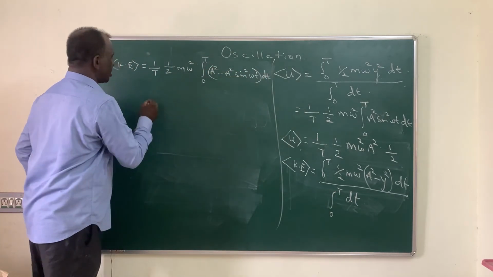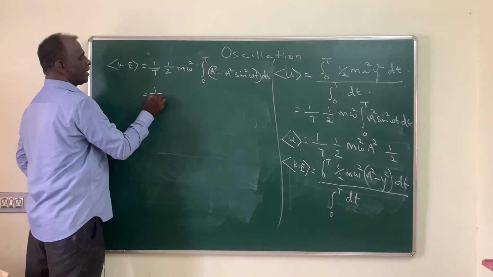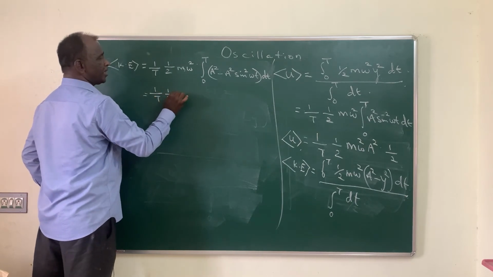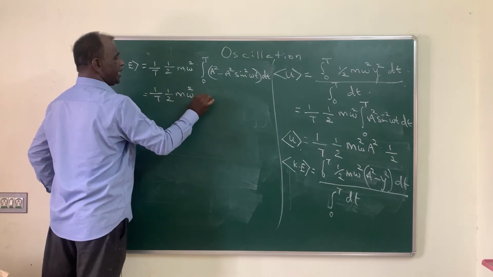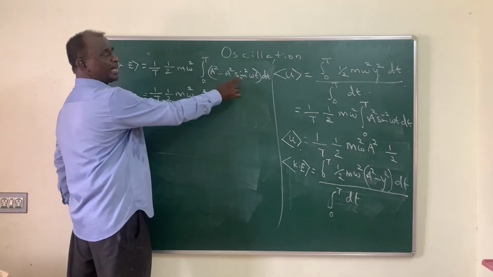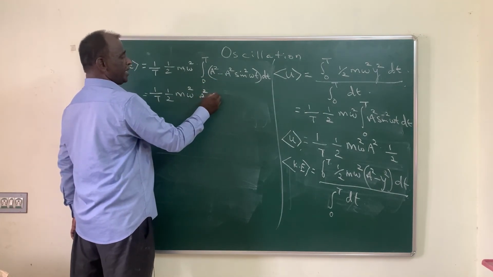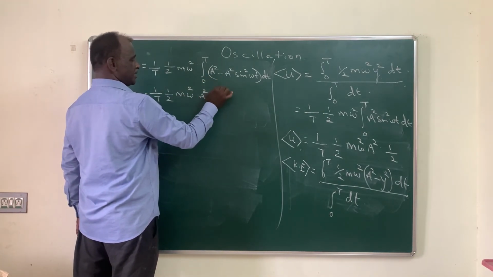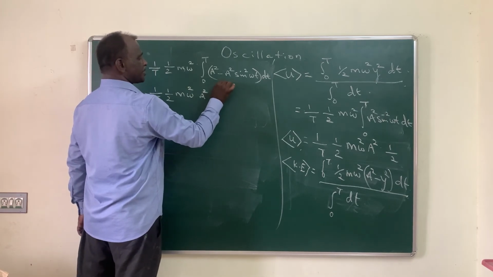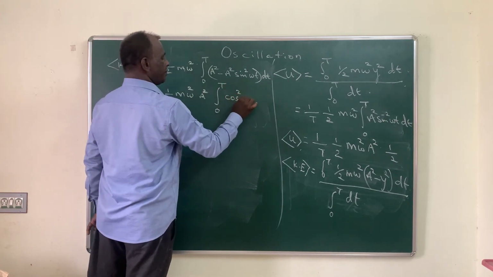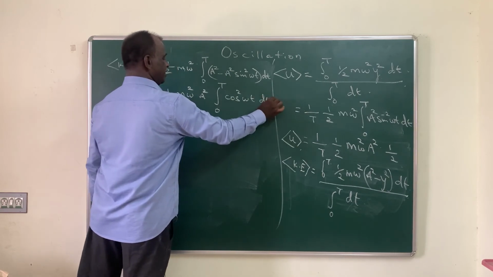As I take a square outside, what I get is 1 by T half m omega square a square times 1 minus sine square omega t, which transforms into cos square omega t dt.